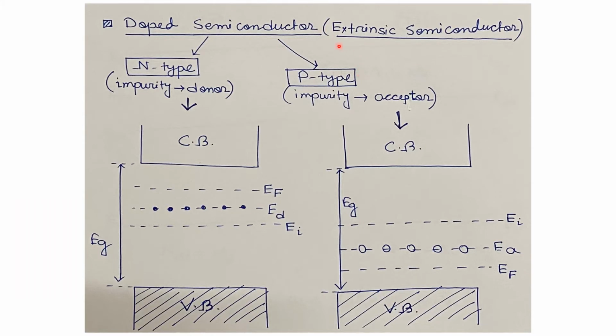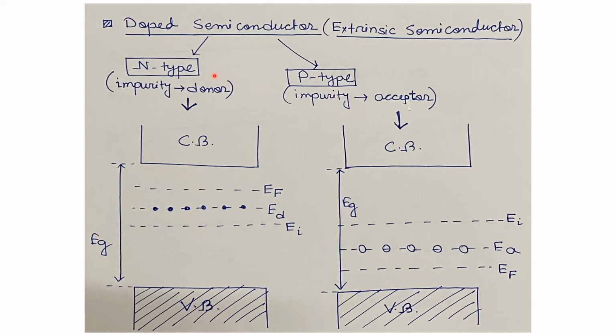If we perform external doping in an intrinsic semiconductor, then it is known as a doped semiconductor or extrinsic semiconductor. Depending on the type of impurity doped in the semiconductor, it is classified into two types. The first one is the N-type semiconductor and the second one is the P-type semiconductor.